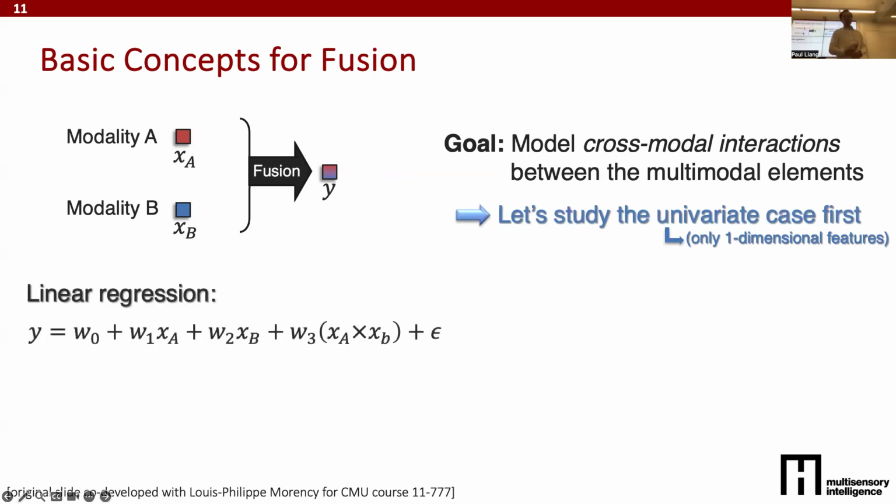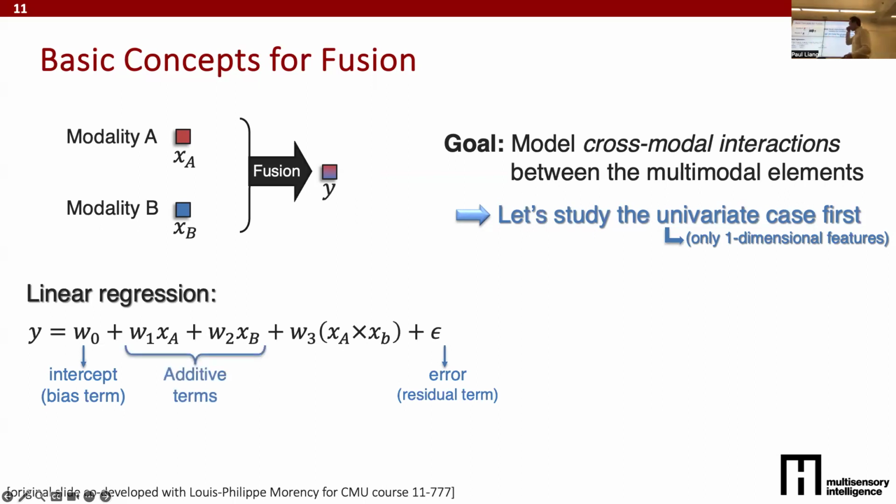So I think all of you are familiar with linear regression, where you have your label y equal to some intercept, w0, where it intersects the axis. There is some weight w1 on xa, the first modality. There is some weight w2 on xb, which is the second modality. And you have this interesting term, which is this w3 term of xa times xb.